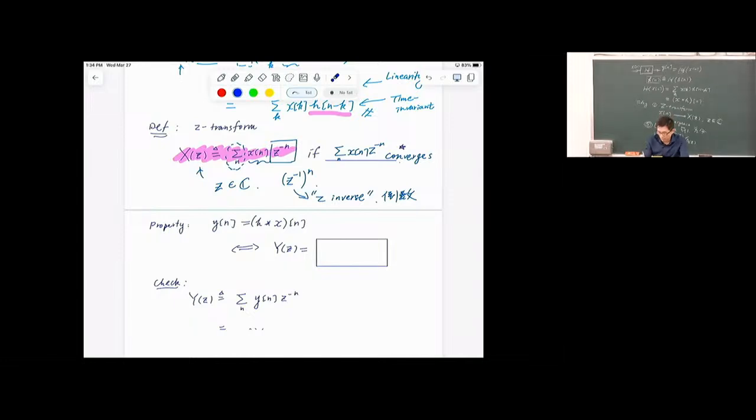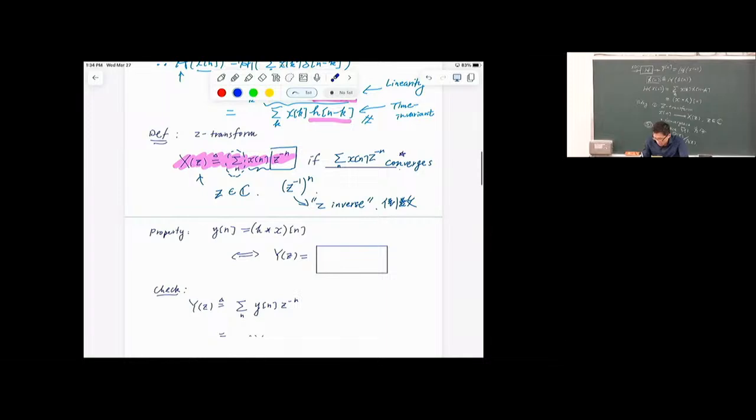To write it down, this is a well-known fact that if y equals x convolved with h, then after the transform, Y of z simply equals X of z multiplied with H of z.